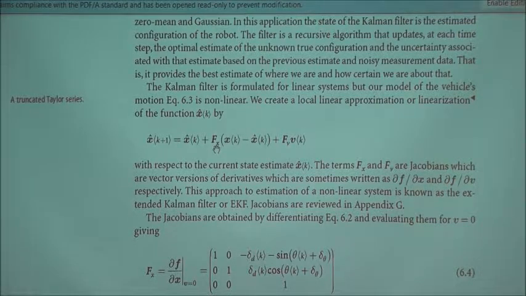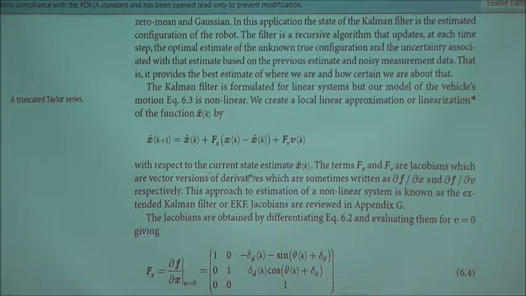F of x is the Jacobian matrix. Partial derivative of f, which is the pose function, with respect to x and y, times the difference between the x and the estimated x. Okay, and plus the Jacobian of the pose function with respect to the uncertain vector v, times the v itself. Remember, we originally assumed v equal to 0 at the very beginning.